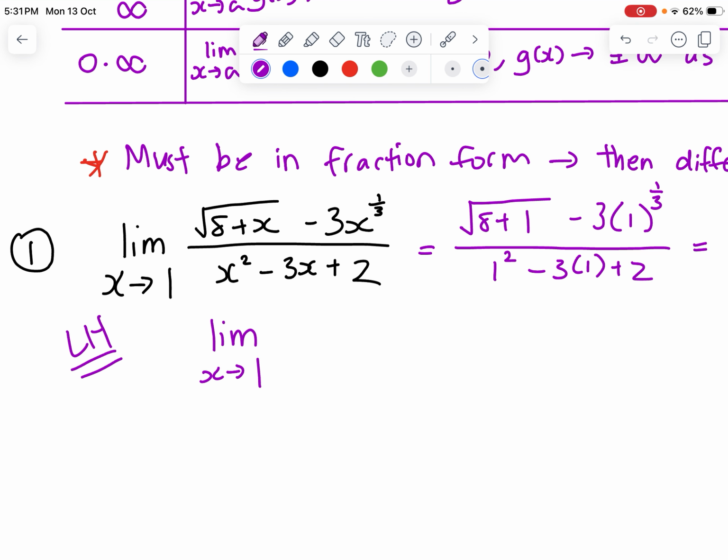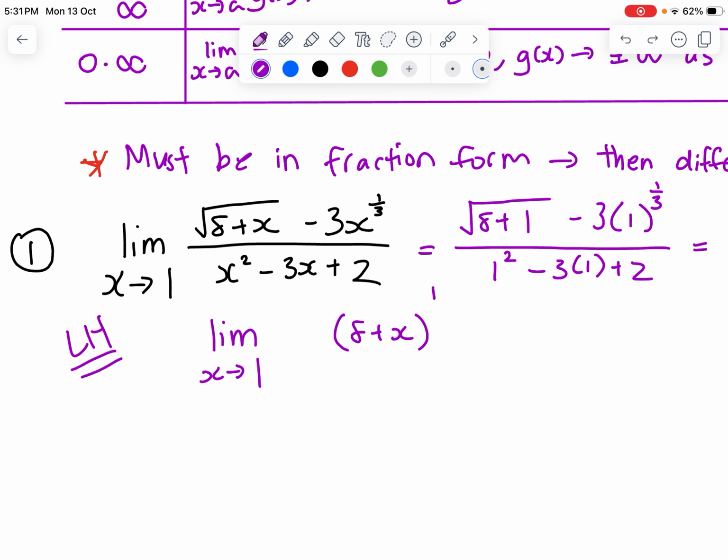I'll only care about the first function for now. To differentiate this, I have the square root of 8 plus x. The square root is basically just the power 1/2.